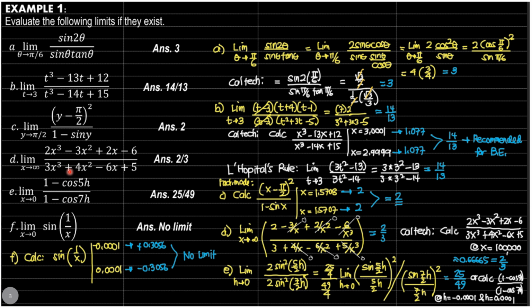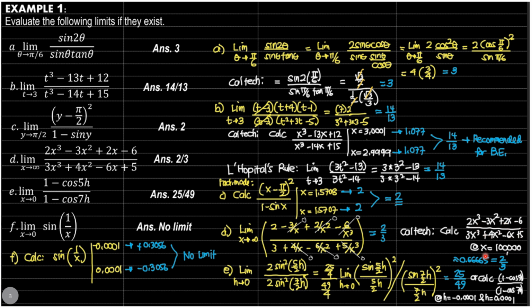This is called limits at infinity. You divide everything by the variable raised to the highest degree, and that's the official solution for students in calculus. But for the calculator technique, you just calculate this expression and substitute x equals 100,000.